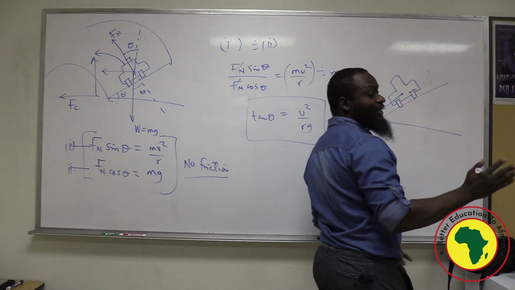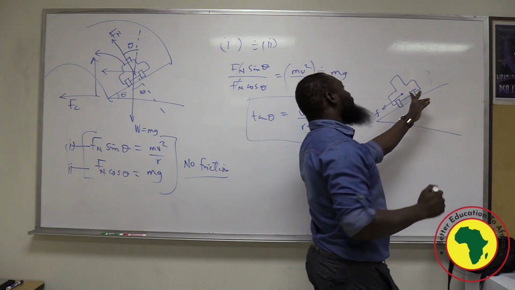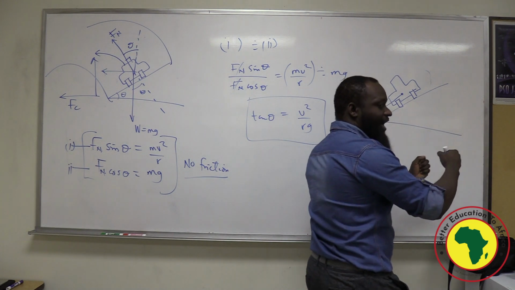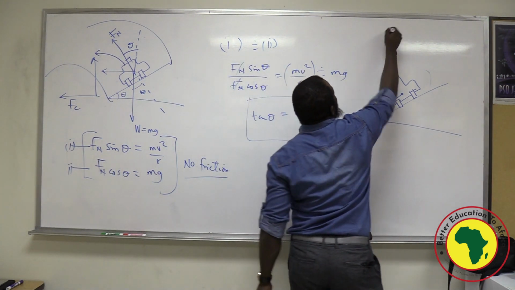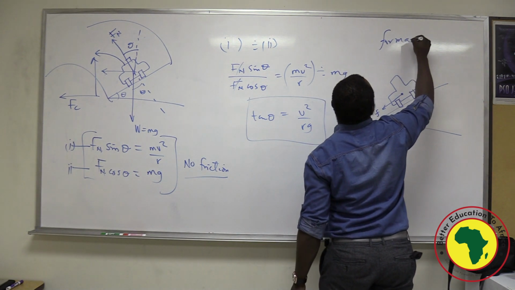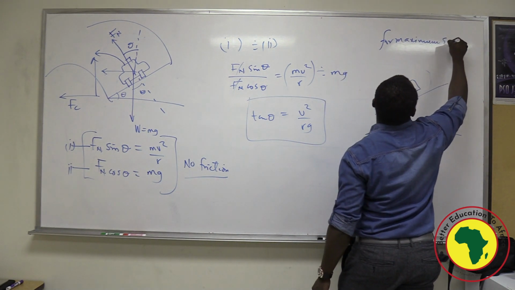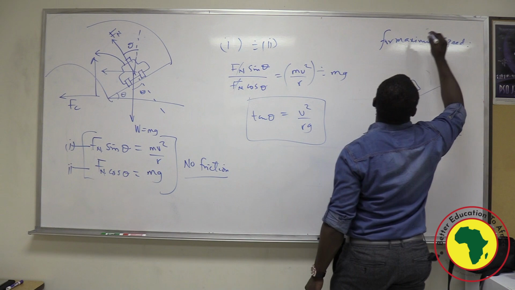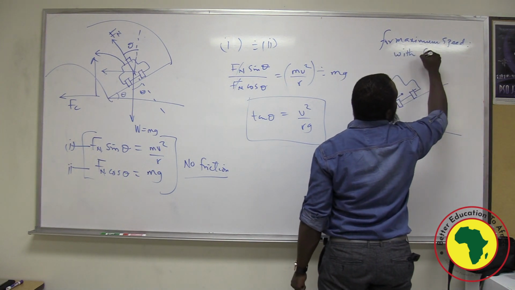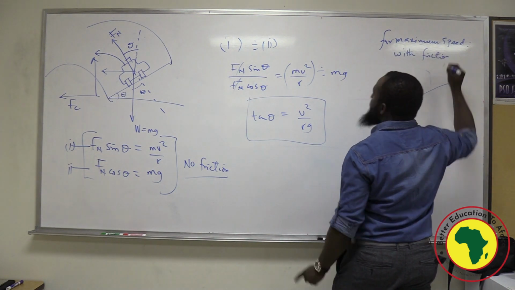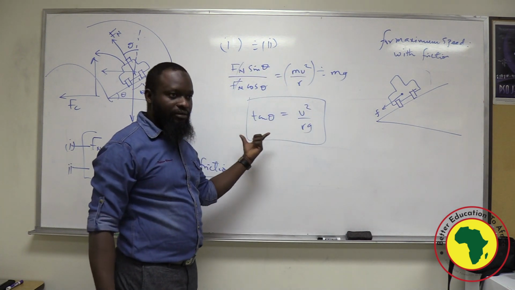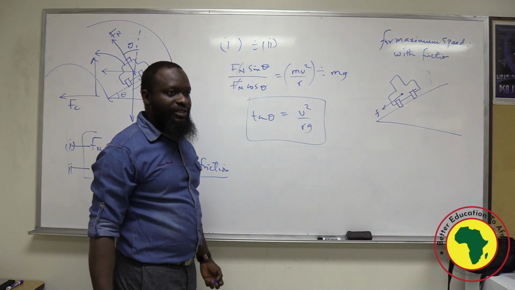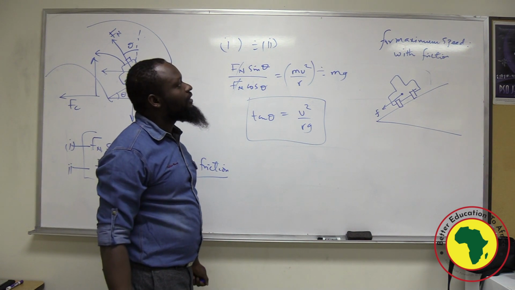If I'm trying to find a minimum speed, I'll draw friction the other way because my car is trying to slide down. So this is for maximum speed. Without friction, you only have one particular speed you can go.